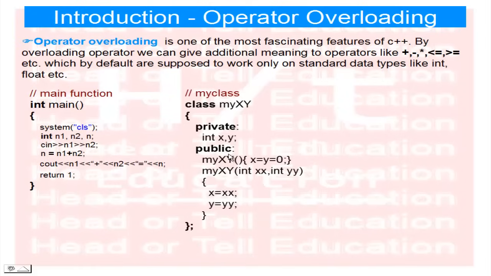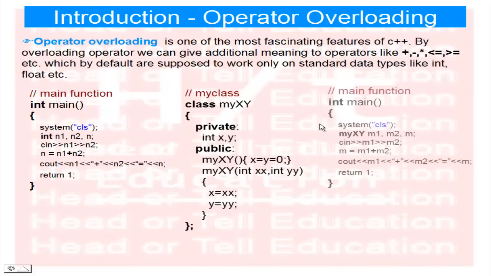So this is my class object, and I want this to work like a standard data type, with no need to write a special function for input and output values. For this I have again created the main function for this class.